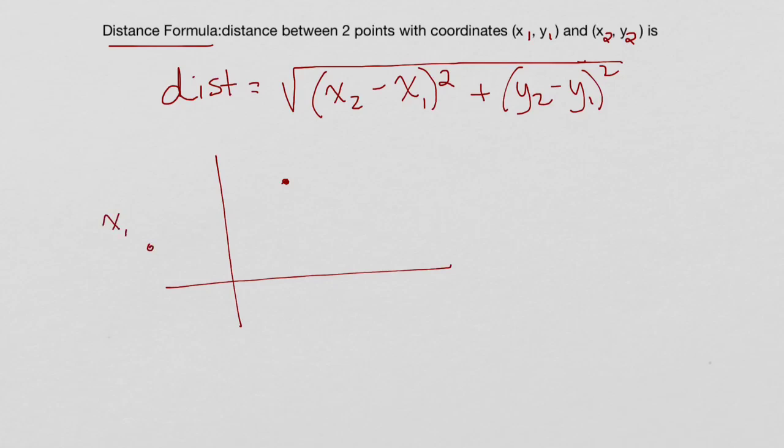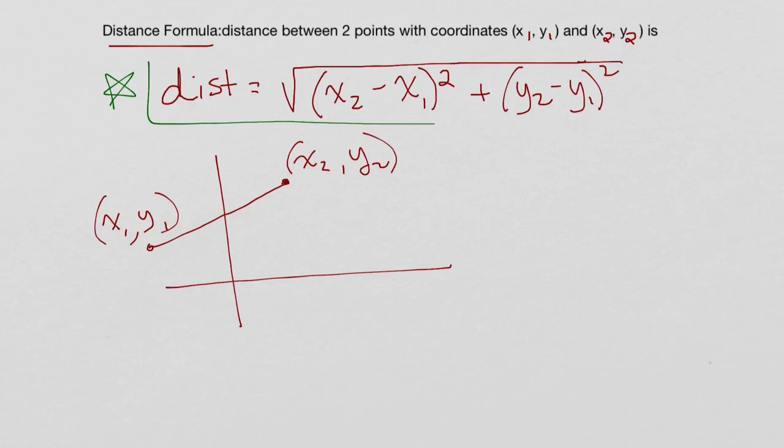If this is point x1, y1, and this is point x2, y2, again those are just labels called subscripts, then the distance between them, I would take what those coordinates are and plug it into this formula. This formula is key. This is the one you need to have in your memory. Yes, you will need to memorize it. It's not so complicated. Once you actually use it for working out problems, you'll be able to remember it.